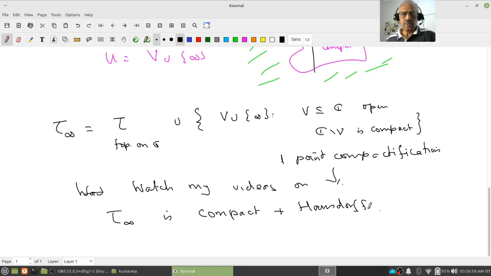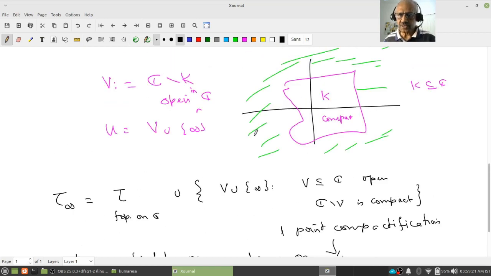If necessary, I will prove compactness, because I may need at one point to use that the topology tau infinity is compact. But for the time being assume it. Today what we need is to identify open sets containing infinity. Remember how does it look like? Again, pause, review.